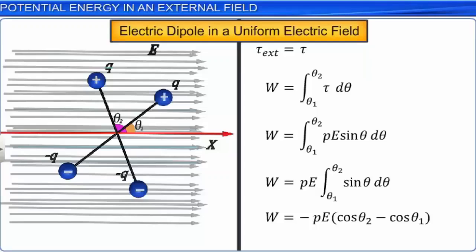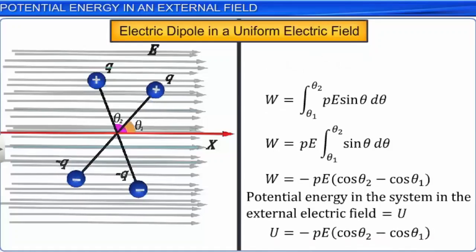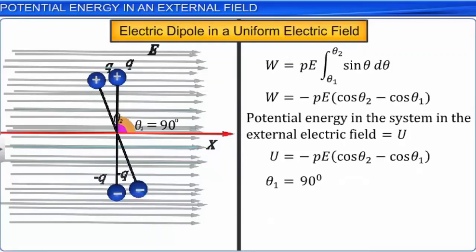This work done by the external torque gets stored as potential energy U in the system in the external electric field. If θ1 is equal to 90 degrees and if θ2 is equal to theta, then the potential energy in terms of the angle the dipole makes with the external field is U is equal to minus P E cos theta.